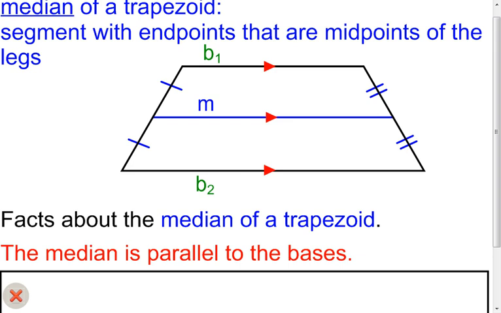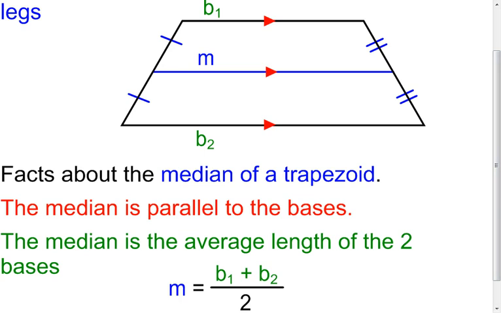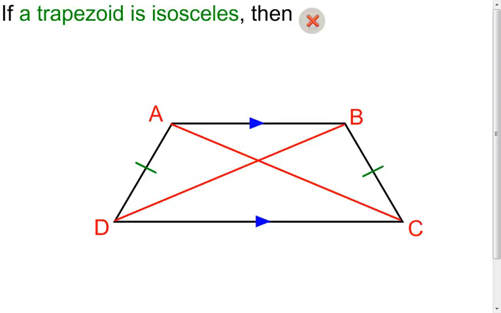In my picture, notice that I have the three red arrows indicating that the two bases and the median will be parallel. The other one deals with the length of the median. Remember in Sketchpad we learned that the median is the average length of the two bases. So that's what I have here: M representing the median, B sub 1 and B sub 2 representing the lengths of the two bases. If I average the two base lengths together, I'm going to get the length of the median.